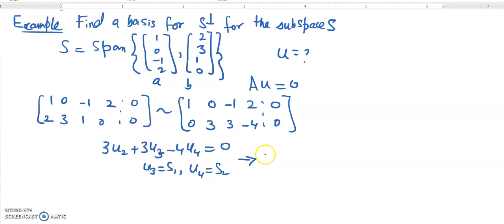In this case, 3 u2 will be equal to minus 3 s1 plus 4 s2, or u2 will be equal to minus s1 plus 4 by 3 s2.